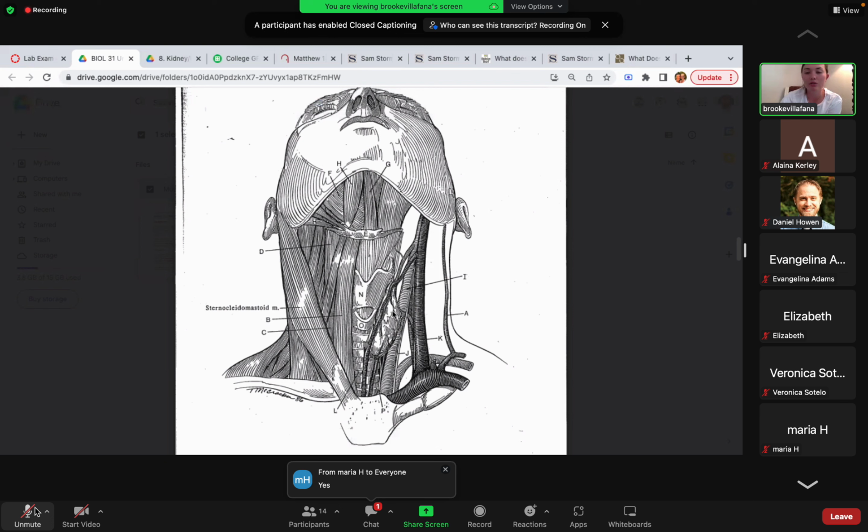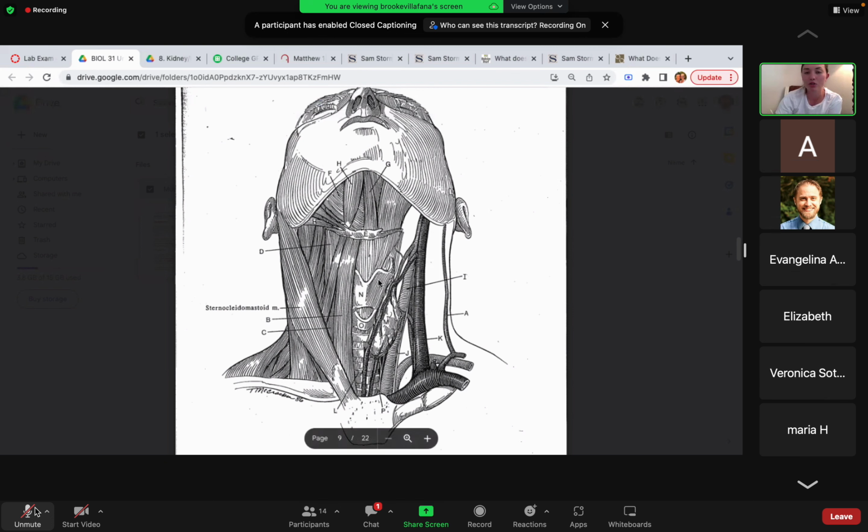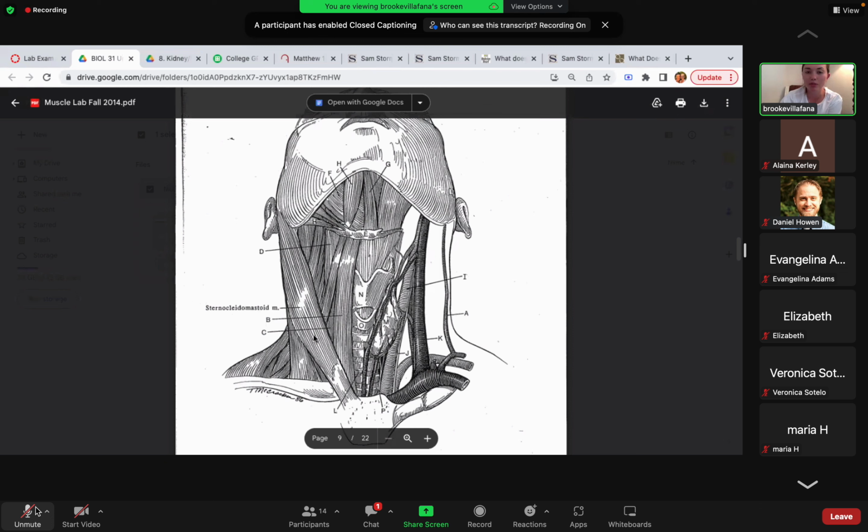And then obviously you don't have to do origin, insertion, action, innervation on any of this stuff over here, because it's not muscles, like all these arteries, the larynx, all of that. So you're just dealing with the muscles on the neck. Okay. So no questions on that.